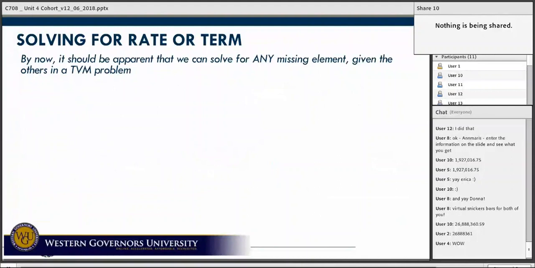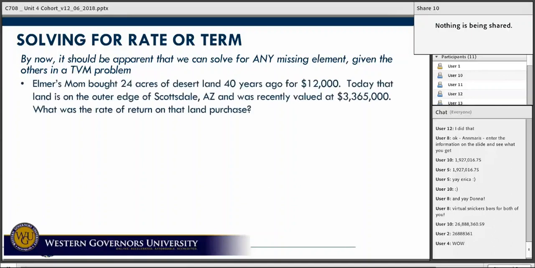So now, also, I'll just go through this quickly and then we'll wrap up the time value of money. We could solve for any missing element. So let's look at this one. We've got a case where someone bought 24 acres of land 40 years ago. She spent $12,000. Today, that land, which happens to be outside of Scottsdale, Arizona, was valued at $3.365 million. So what was the rate of return on that land purchase?